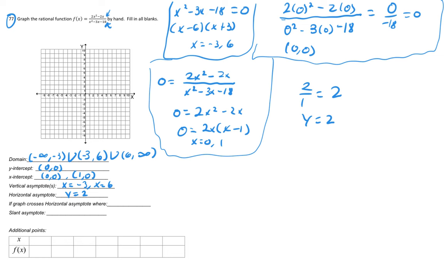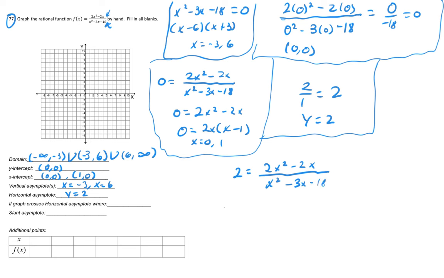So then it now wants to know if it crosses the horizontal asymptote. So we would set 2 is equal to 2x squared minus 2x all over x squared minus 3x minus 18.